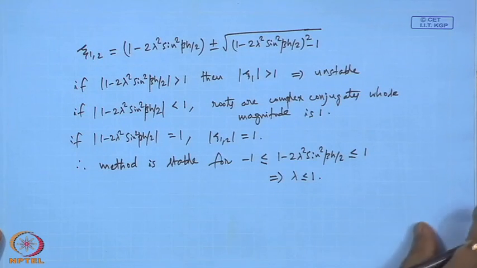Okay. So, now let us see for the implicit method.